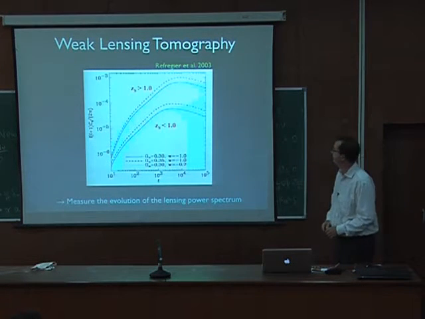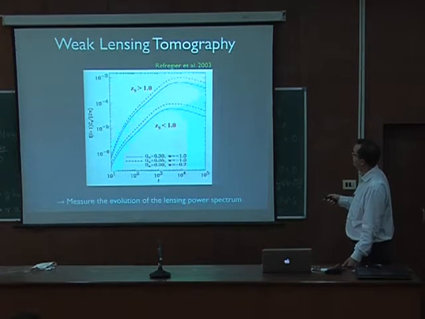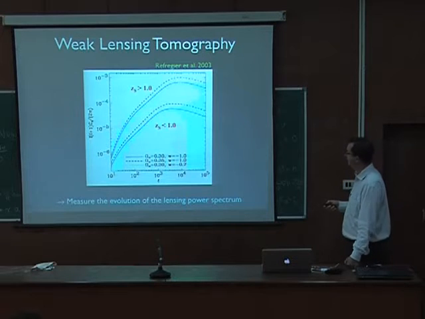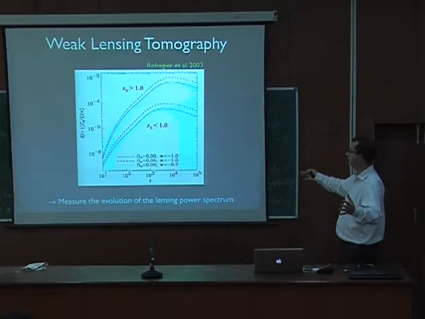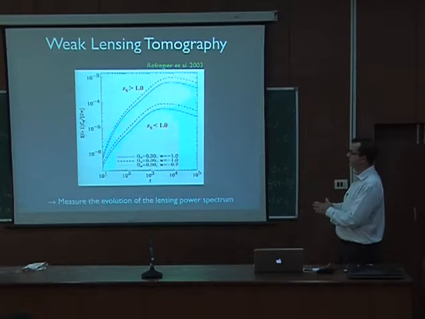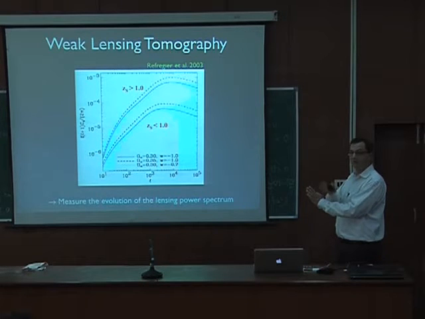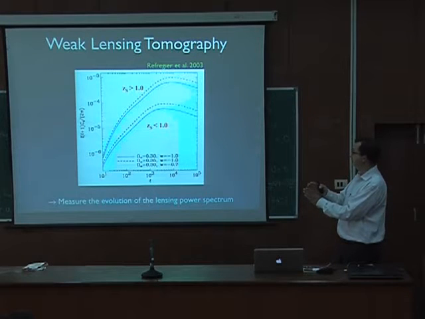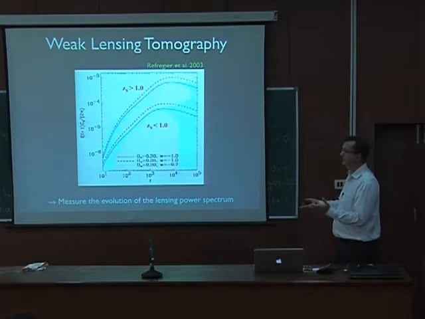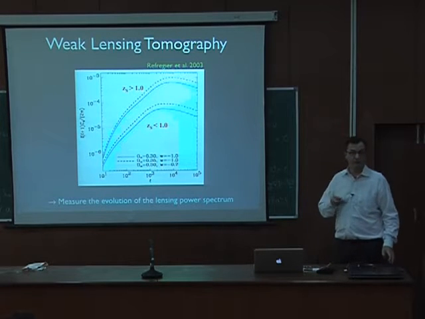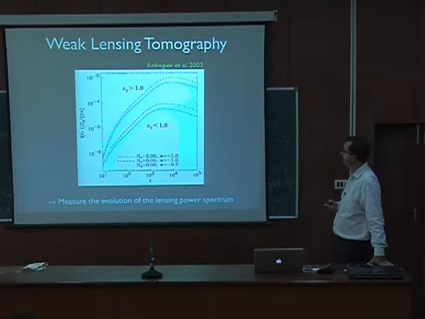So for instance, if you compute the lensing power spectrum for two sets of galaxies. You take your galaxy redshift survey, with median redshift around 1 or so, and then you divide the galaxies into two subsamples: the galaxies with redshift below 1 and the galaxies with redshift greater than 1. And you calculate the weak lensing power spectrum for each of these subsamples.